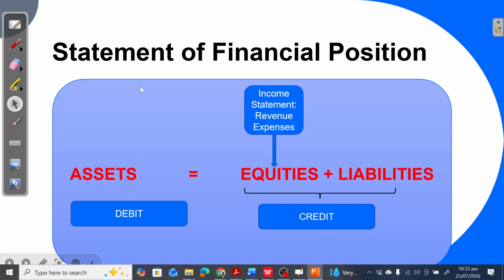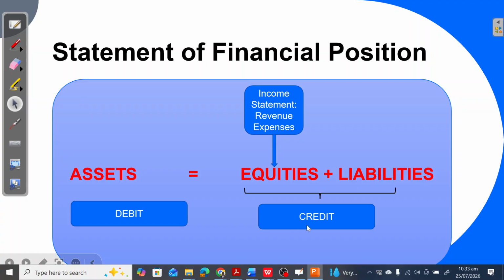So you can see assets at the left side, equity and liabilities at the right side. In the balance sheet, assets are debited. To increase an asset, it is debited. Then to increase your equity and liabilities, they are credited.